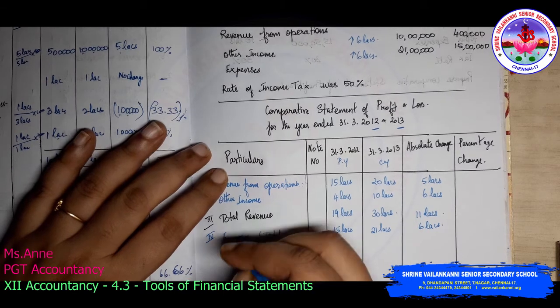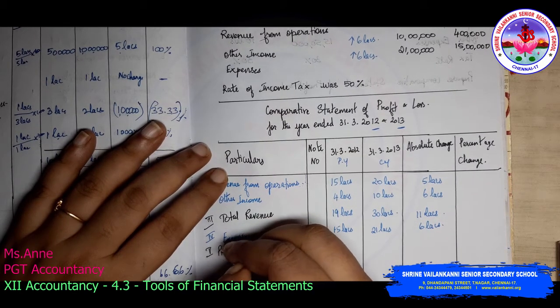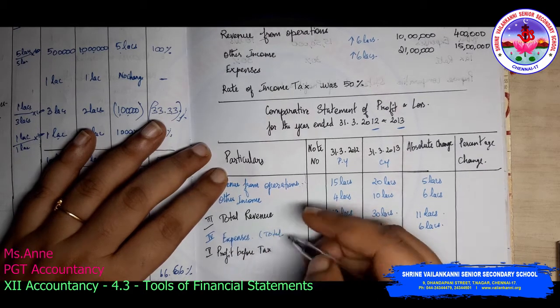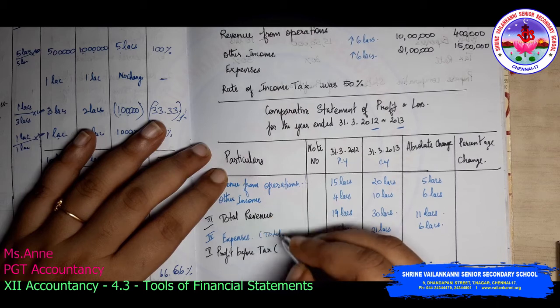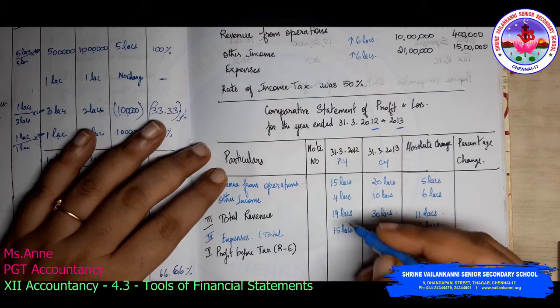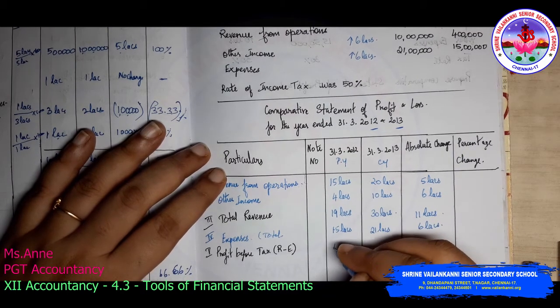So my actual profit before tax will be revenue minus expenses. My revenue is 19, my expenses is 15, so 4 lakhs.